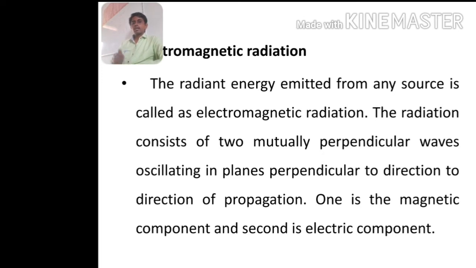Means in whichever direction this radiation is propagating, to this direction two mutually perpendicular waves are oscillating. These two oscillating waves mean one component is magnetic and the second is the electric component.